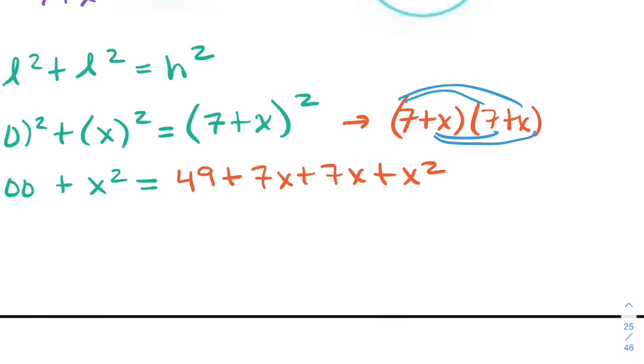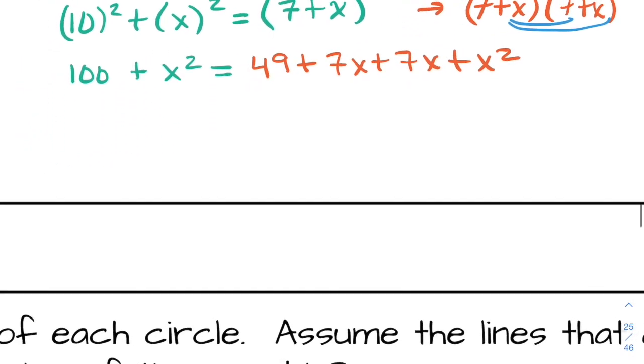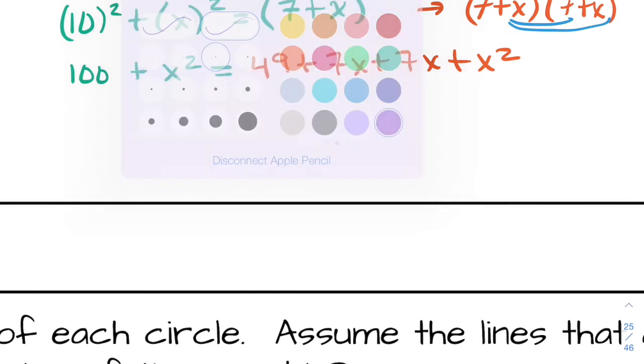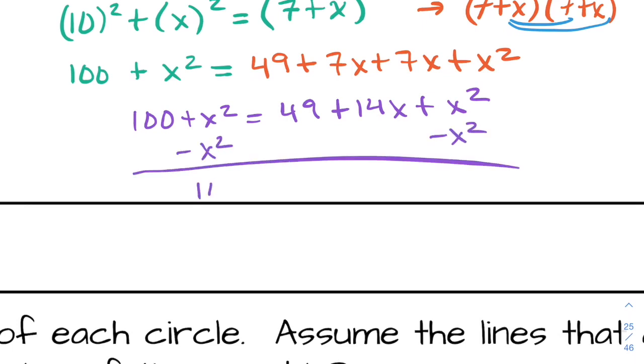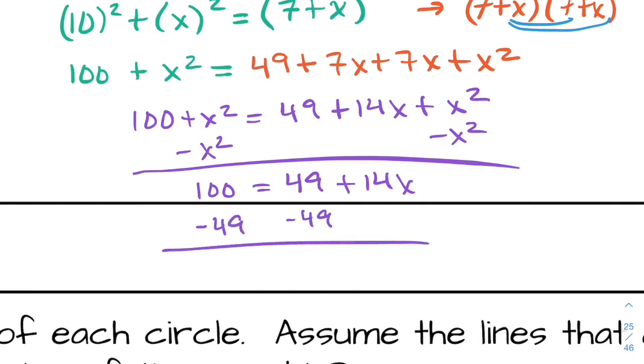That's why we did this in the warm-up. We're going to combine like terms. So 100 plus x squared equals 49 plus 14x plus x squared. Oh, and look at this, the x squareds will go away. So 100 equals 49 plus 14x. Take away 49. 51 equals 14x.